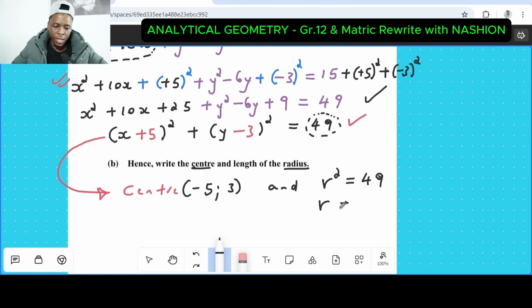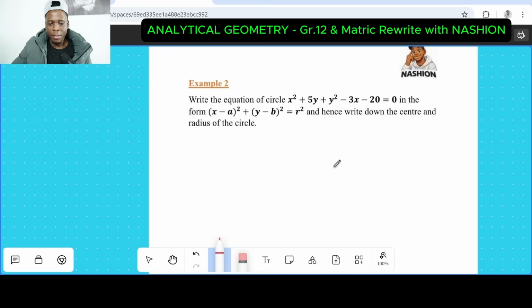R will be plus or minus the square root of 49. Since r is the radius and they actually want the length of the radius, we know radius is always positive. Square root of 49, that will be 7 units. And checkmate. Next customer, please.